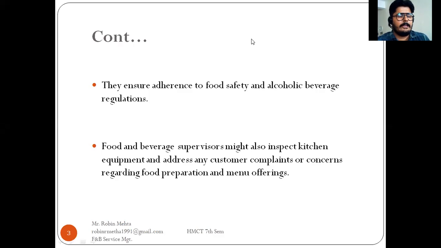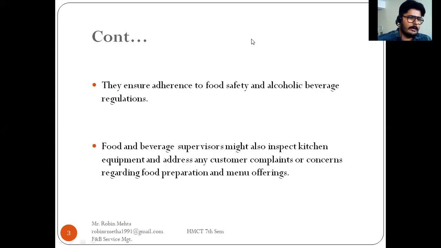Like, if we take an example, if our supervisor or manager goes to the back area and there is too much dirt over there, or the equipment, the crockery and cutlery we are using, are not in the proper place, not on the shelves where they have to be kept.